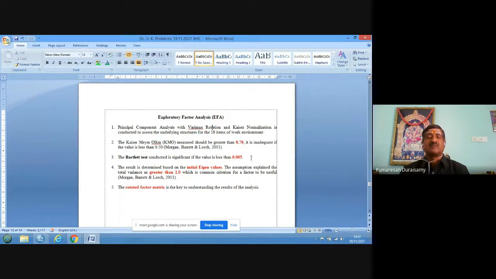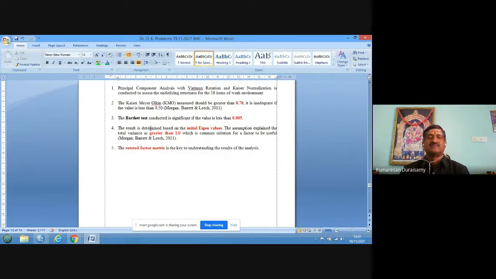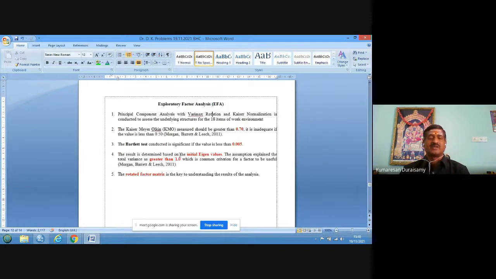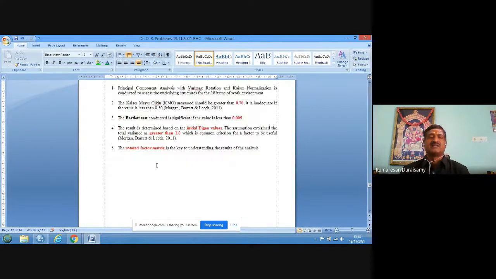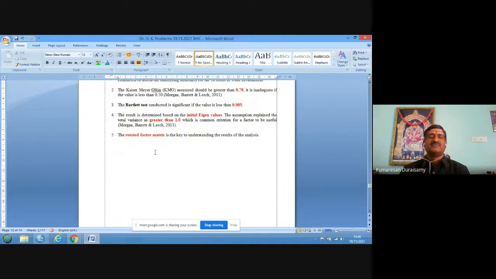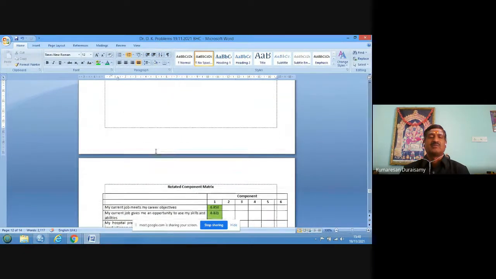If it is less than 0.05, it is significant. Then, based on eigenvalues greater than 1, those factors are considered. We are using the rotated factor matrix with the Varimax rotation method, and based on the rotated factor matrix, we come to the conclusion.